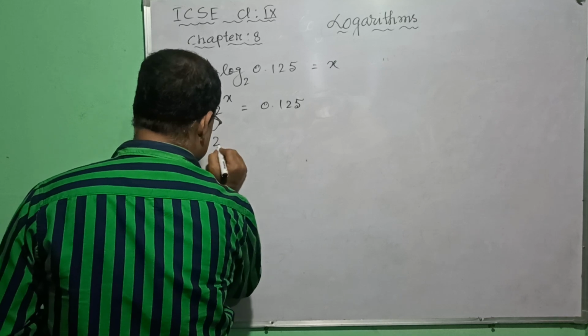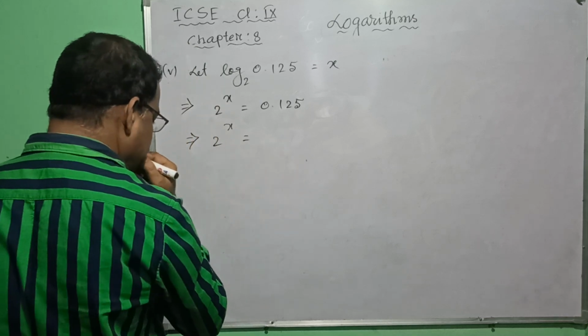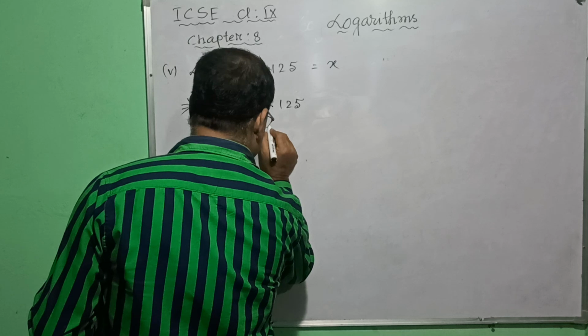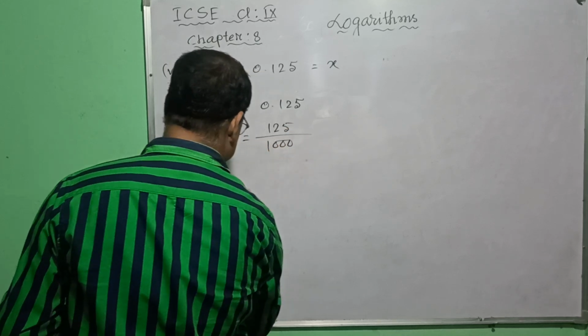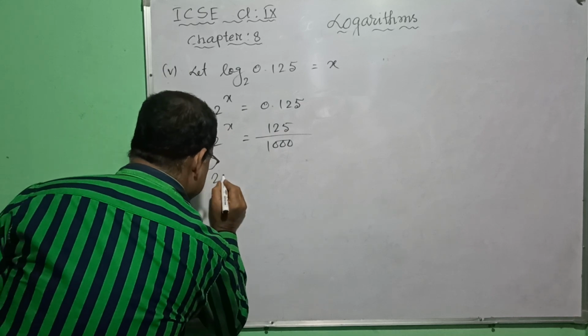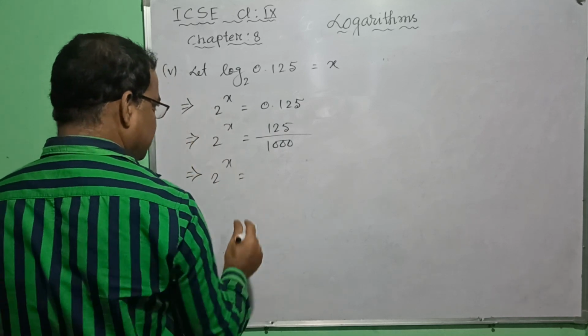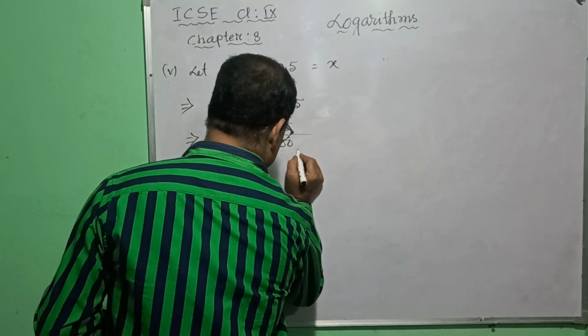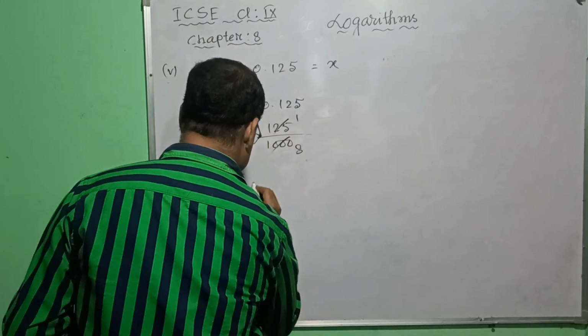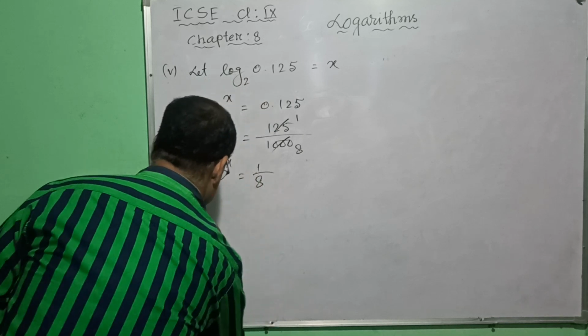This implies 2 to the power x equal to 125 divided by 1000. If we cut it, it is 8 and here it is 1, so we can write 1 by 8.